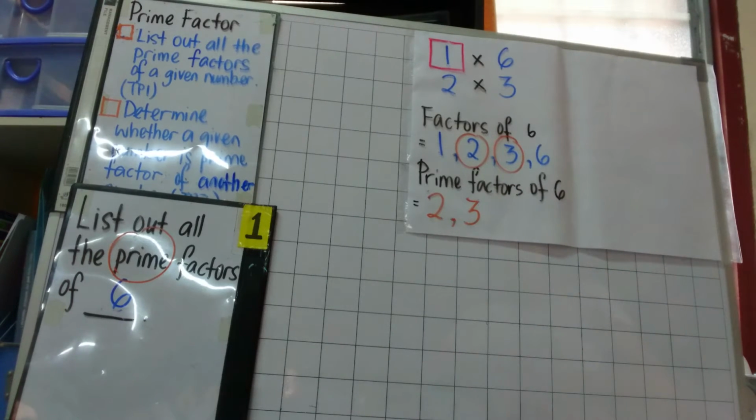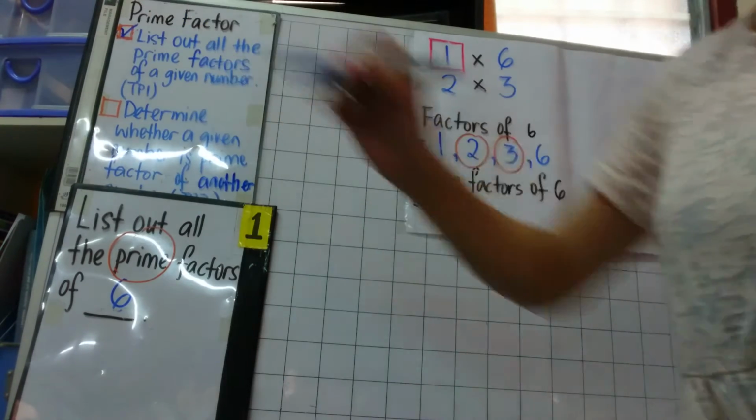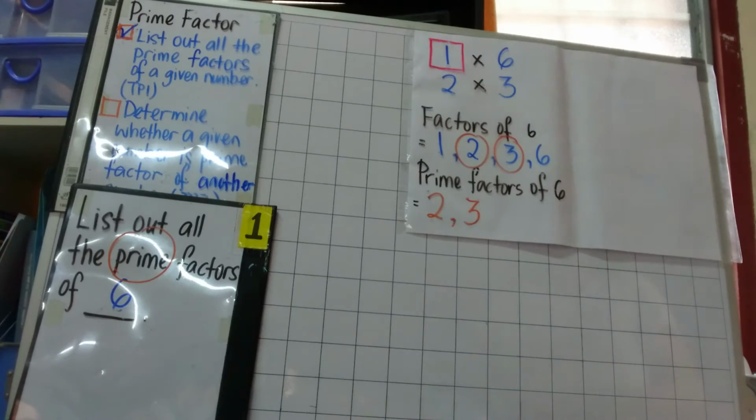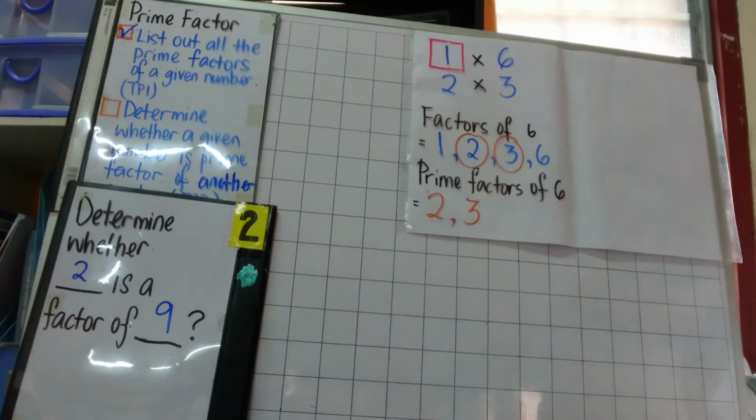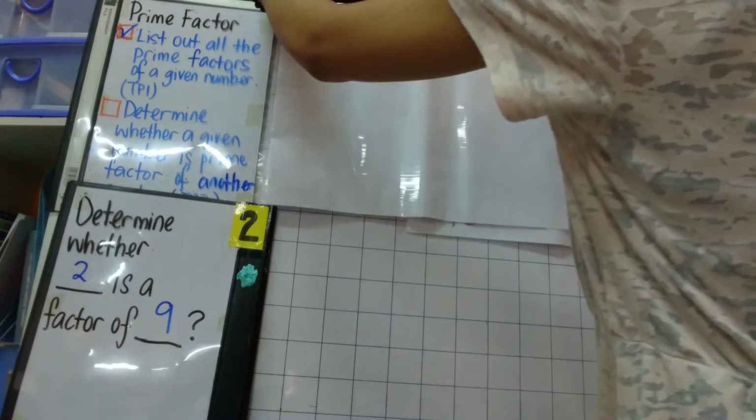So class, after this question, you should be able to list out all the prime factors of a given number. And we'll try the second question. Determine whether 2 is a factor of 9.